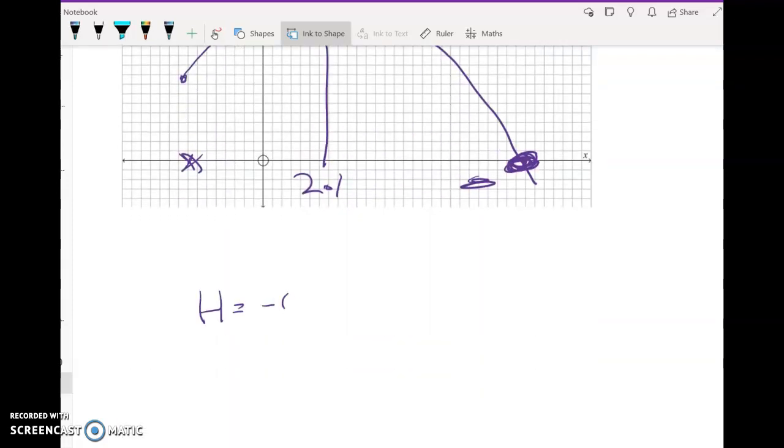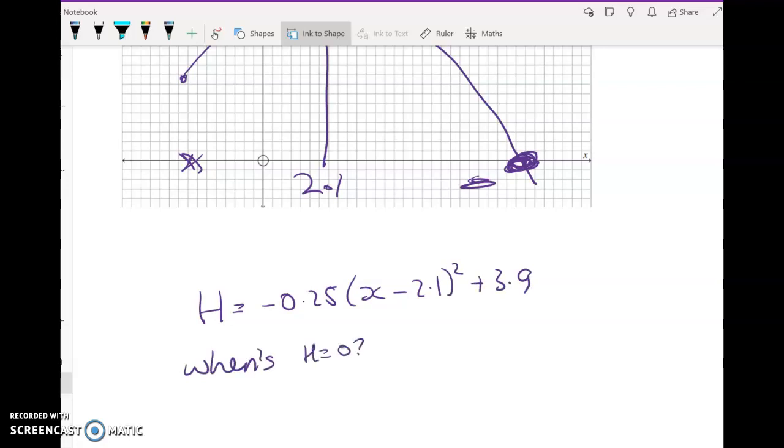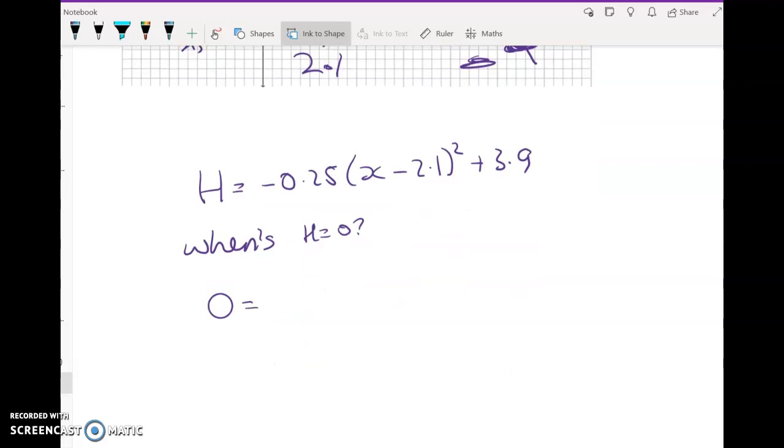h is equal to negative 0.25 times x minus 2.1 squared plus 3.9, and we want to know when h is equal to 0. So substituting that in, we get 0 is equal to negative 0.25 times x minus 2.1 squared plus 3.9.